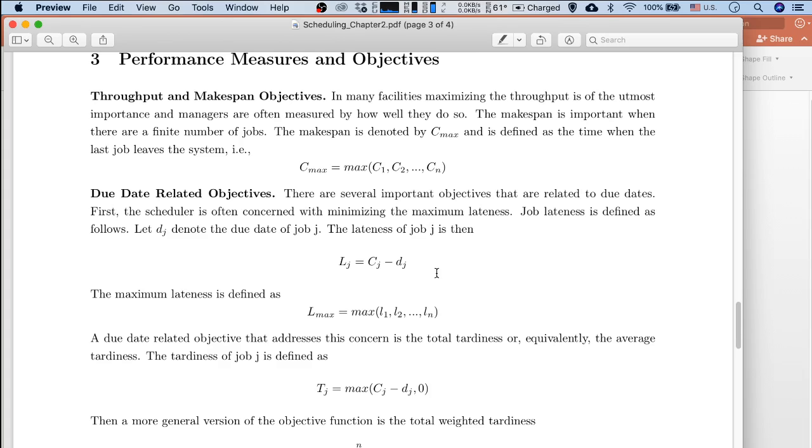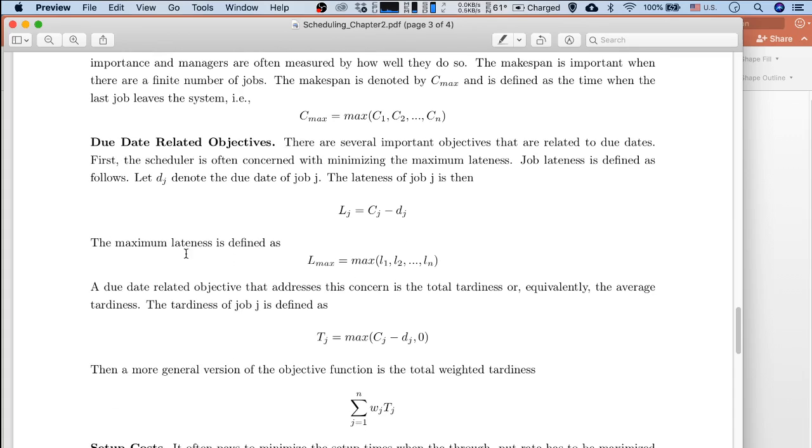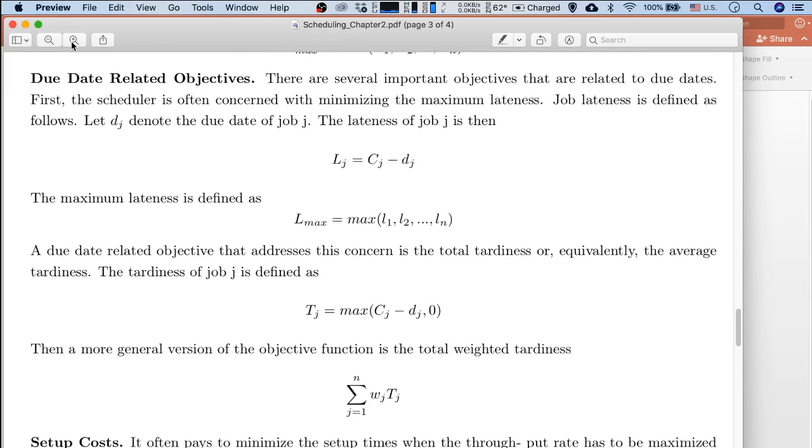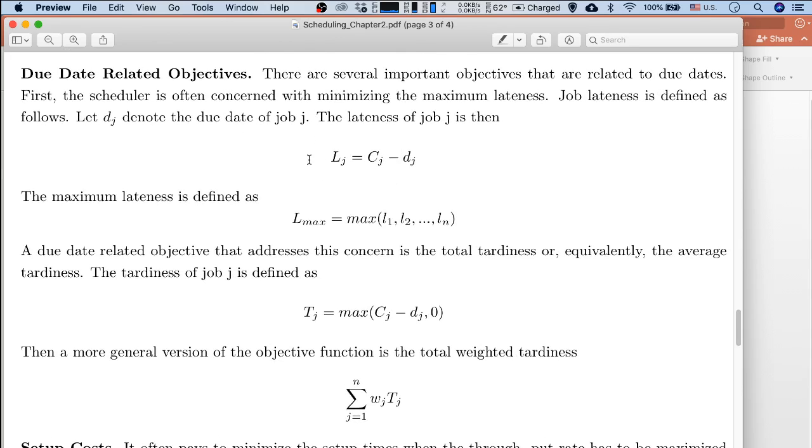And here we want to minimize the maximum lateness of a job, right? Sometimes we finish the job sooner than the due date. So in this case Cj minus Dj becomes negative, right?